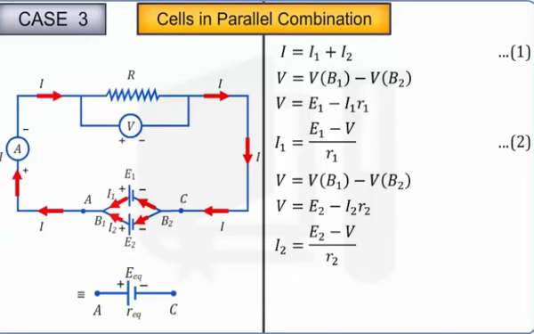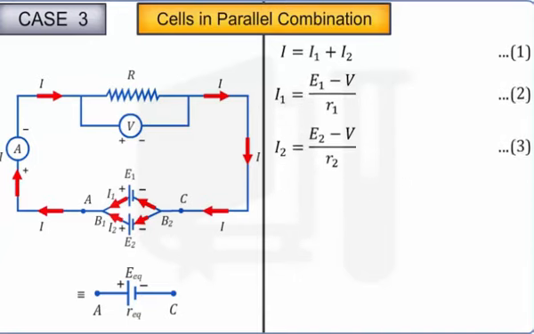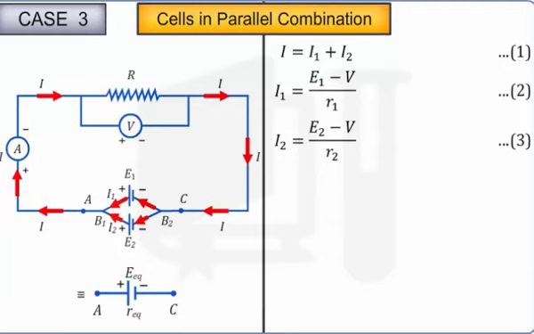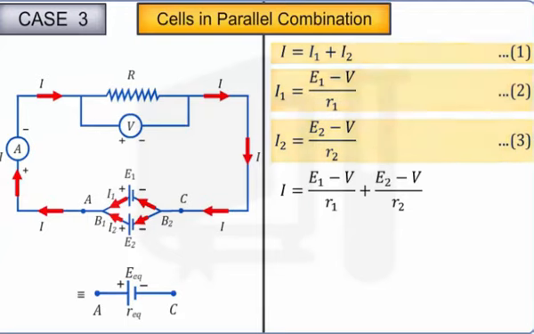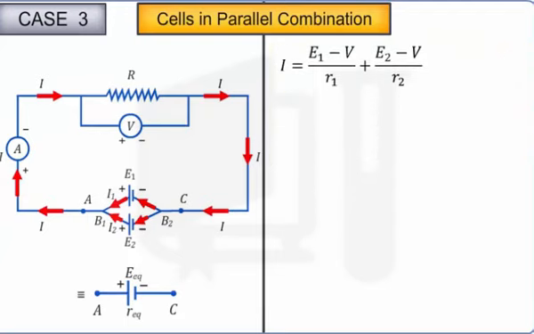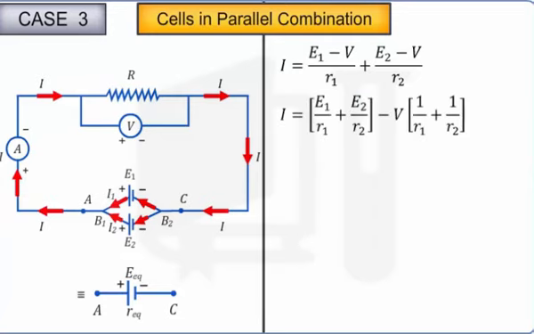Substituting equations 2 and 3 in equation 1, we get I is equal to (E1 minus V) divided by R1 plus (E2 minus V) divided by R2. On simplifying and rearranging the terms, we get I is equal to E1 by R1 plus E2 by R2 minus V into (1 by R1 plus 1 by R2).